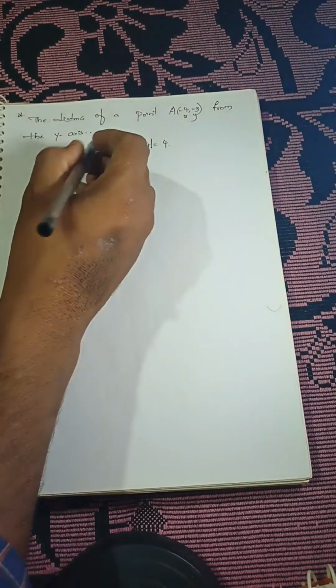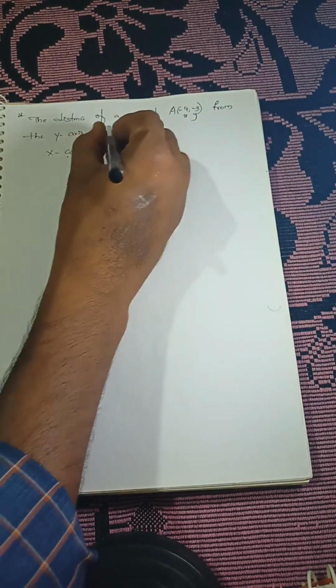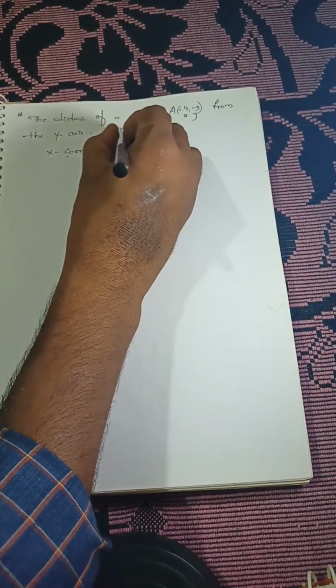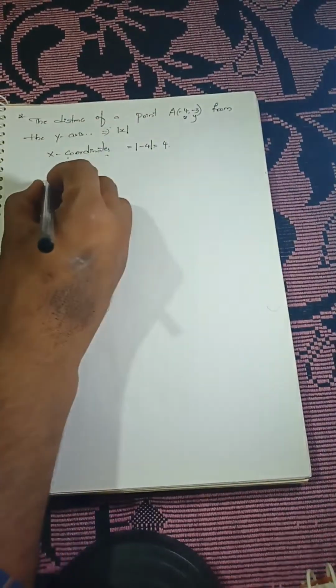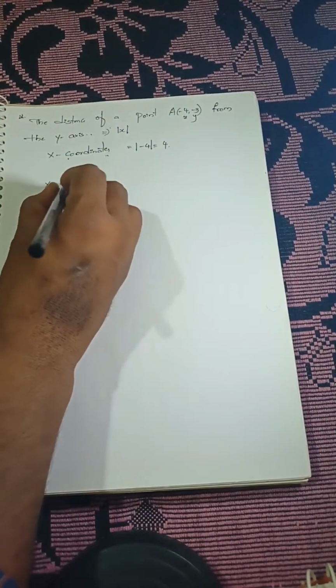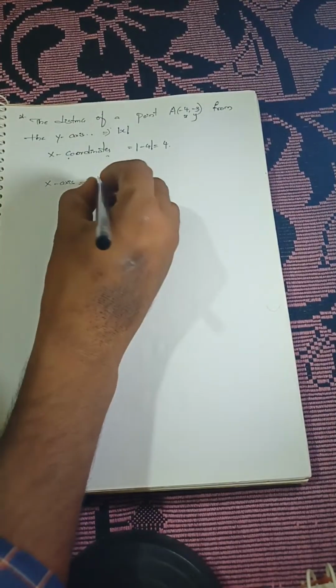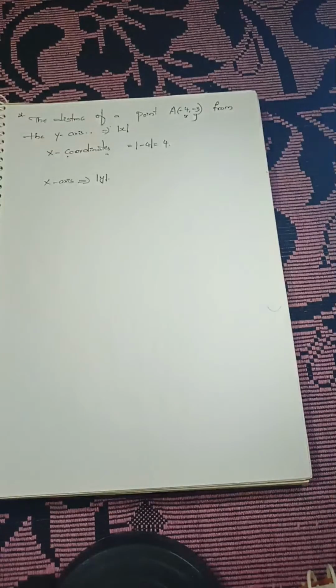The distance from the point to the y-axis, the formula is mod x. If the point is on the x-axis, you are getting the answer mod y. So if it is negative, we are getting positive.